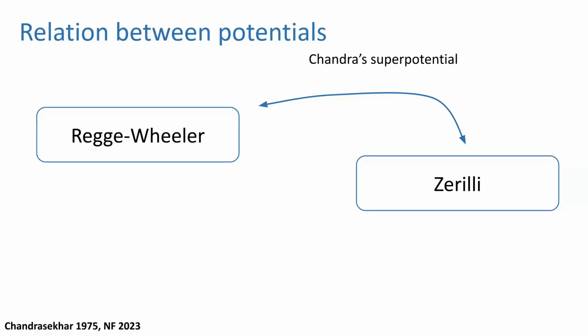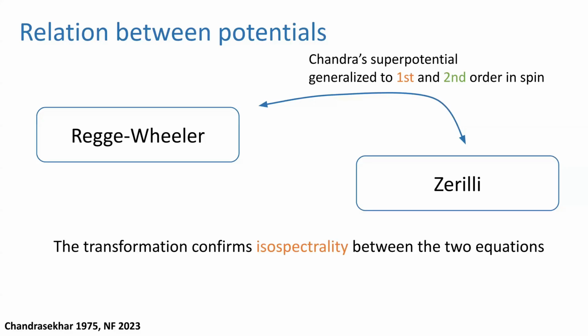This is because there is a transformation that can bring one equation to the other and vice versa. And this is what I showed in a paper in 2023: this transformation can be generalized at least up to second order in the spin. I didn't check at higher orders.